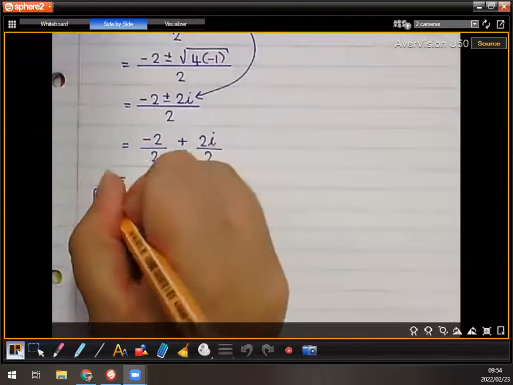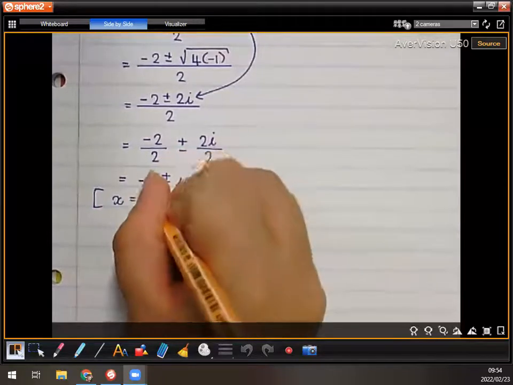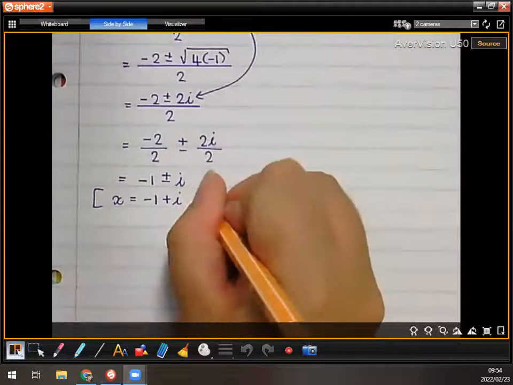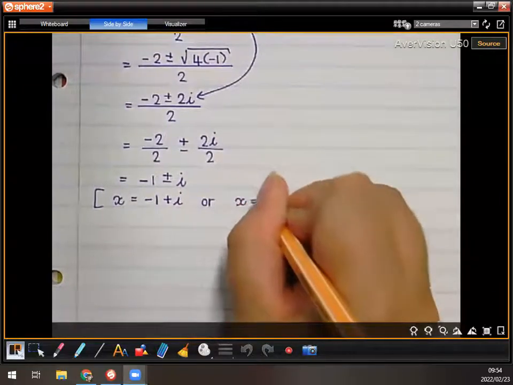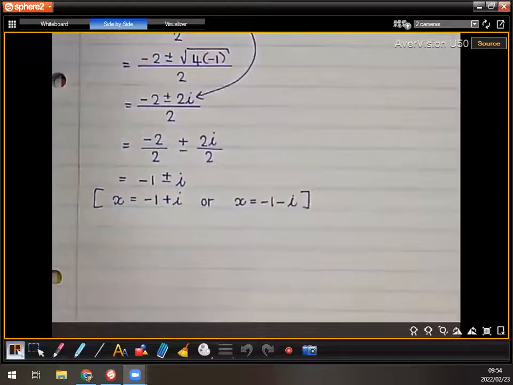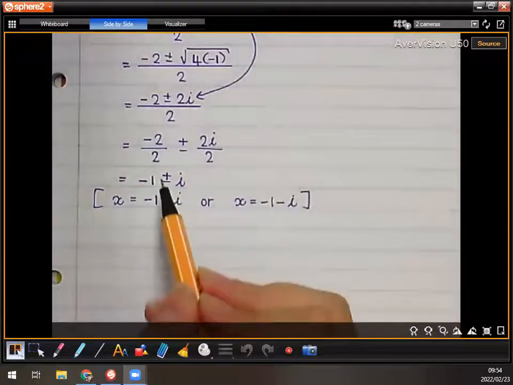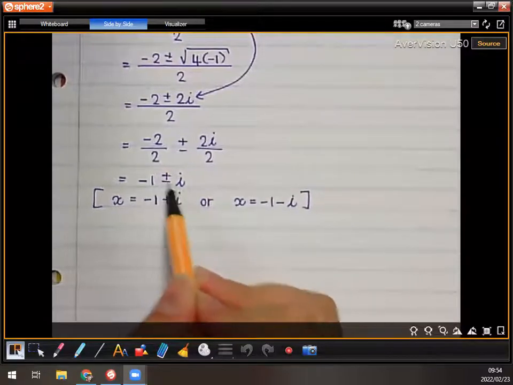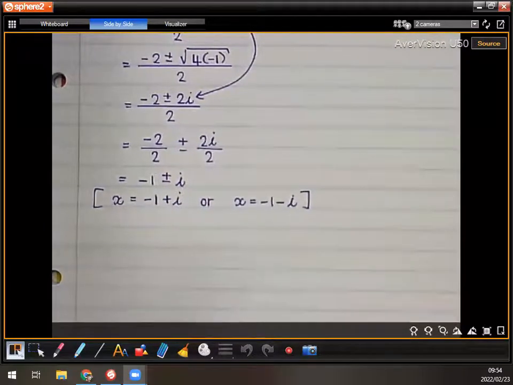The one answer is x equals -1 plus i. Or the second answer is giving us -1 minus i. All right, we are actually getting 2 answers, but we are allowed to leave it like that. Okay, the marker, me, I'm going to know that this is representing 2 answers. Or if you want to, you can write it as 2 separate ones. Okay, whichever you're more comfortable with.